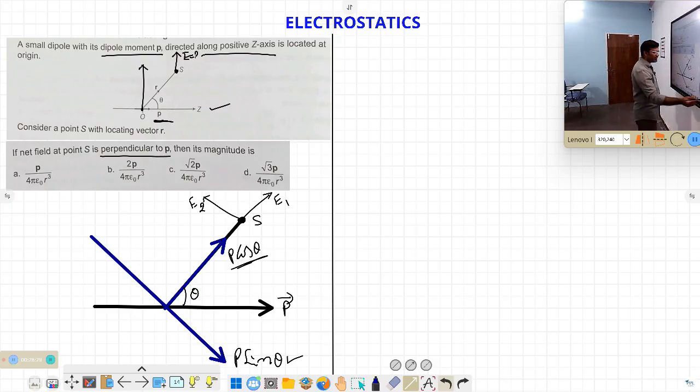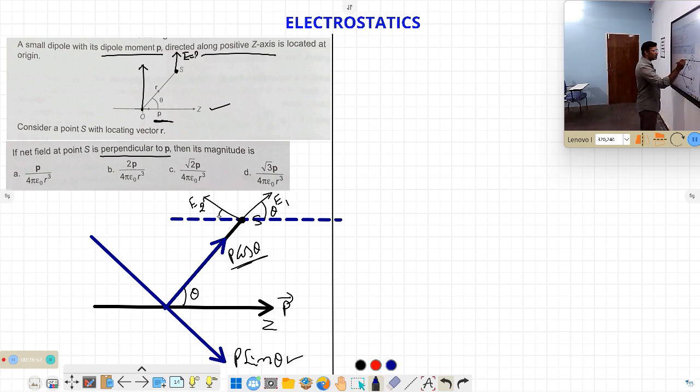Now, these electric fields at that point are making an angle. How much angle are they making? If you take an axis here, this E1 is making an angle theta with respect to the z axis, as we are taking here. According to geometry, this angle is theta.